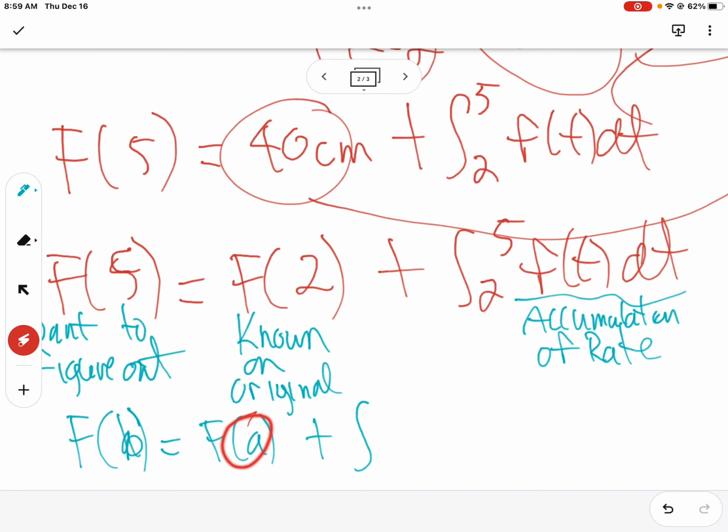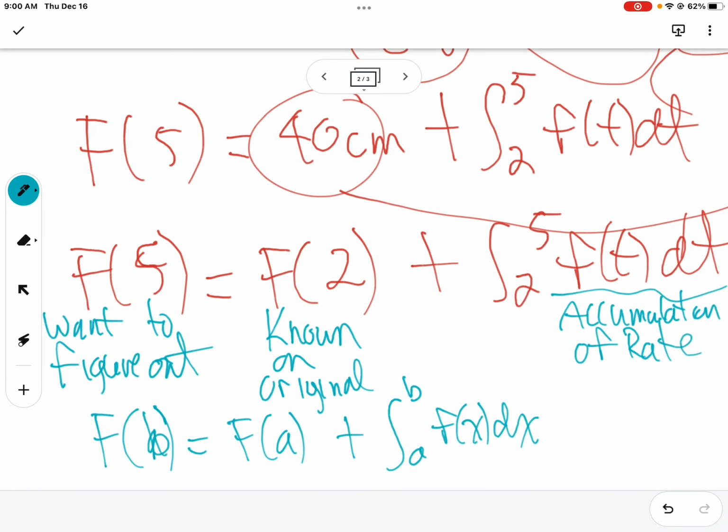So that's a, and this will be a. This will be b, and this is going to be f at x dx, or t, it doesn't matter. Okay, so that, folks, is our generalized fundamental theorem of calculus.